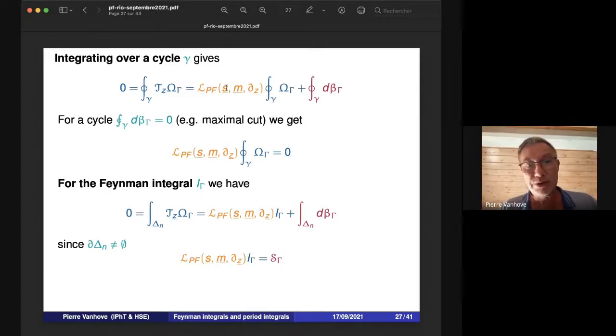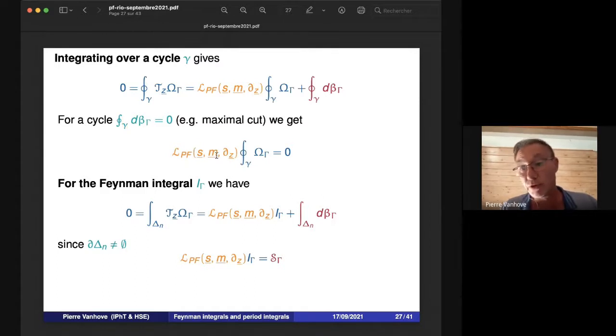And then the piece that is the dq here is a d beta. Then you integrate by parts, and because it's a cycle, this one has no boundary, and then you get 0.